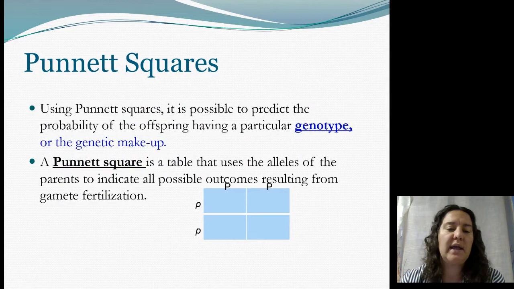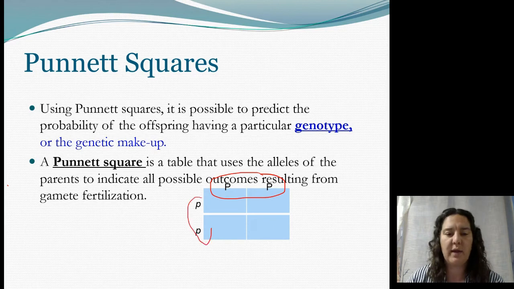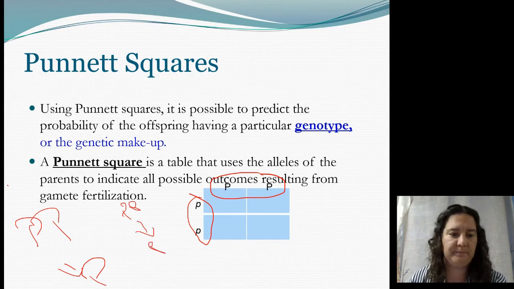We can use a tool called a Punnett square to predict the possibility of the offspring having particular genotypes. A Punnett square is a table that uses the alleles of the parents to indicate the possible outcomes resulting from fertilization. So if we had a homozygous dominant, or purple, plant, and a homozygous recessive white plant, we're going to breed them. The purple plant could only produce purple alleles, and the white plant can only produce white alleles, or lowercase p.